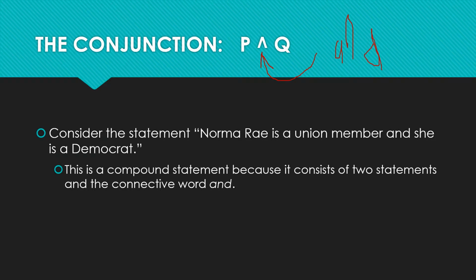Excuse my handwriting here. So that's and. It says, consider the statement, Norma Ray is a union member and she is a Democrat. This is an example of a conjunction because it uses the word and. It's considered a compound statement because it has two statements connected by that word and.